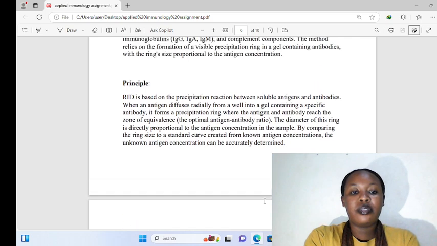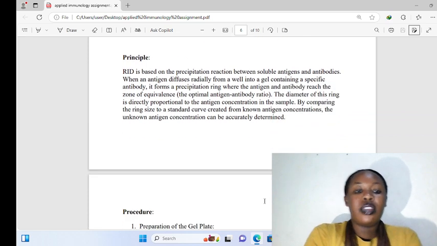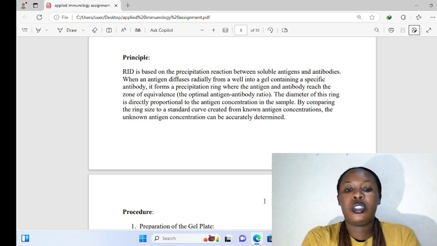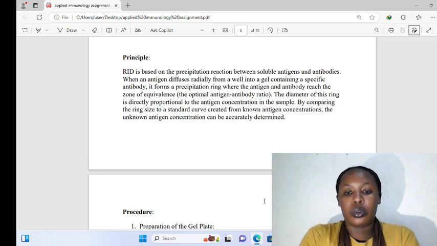The principle behind radioimmunodiffusion is that it is based on a precipitation reaction between the soluble antigen and the antibody. When antigen diffuses radially from a well into a gel containing specific antibody, it forms a precipitation ring where the antigen and antibody reach the zone of equivalence, meaning the optimal antigen and antibody ratio.